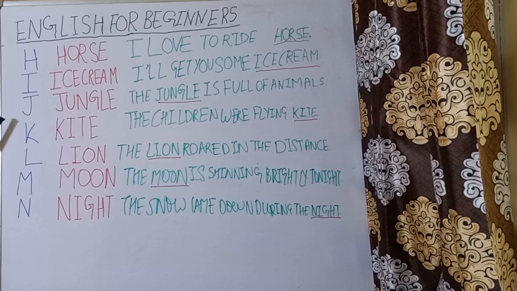J. J for jungle. Jungle is spelled as J U N G L E. Let's see how the word jungle can be used in a sentence.